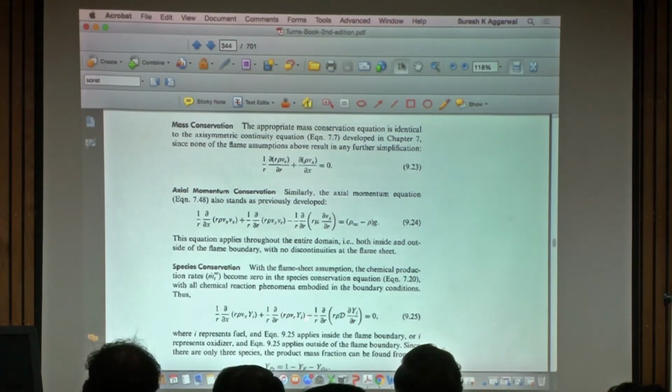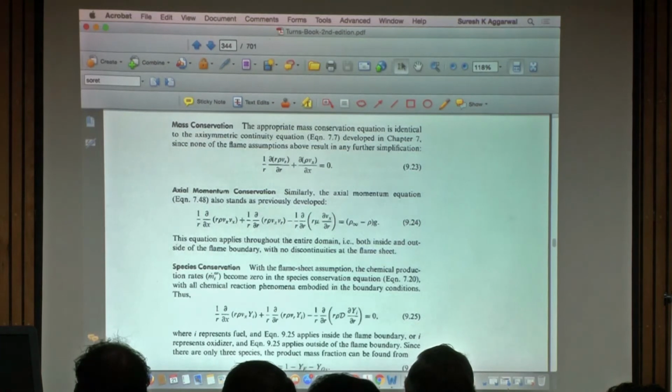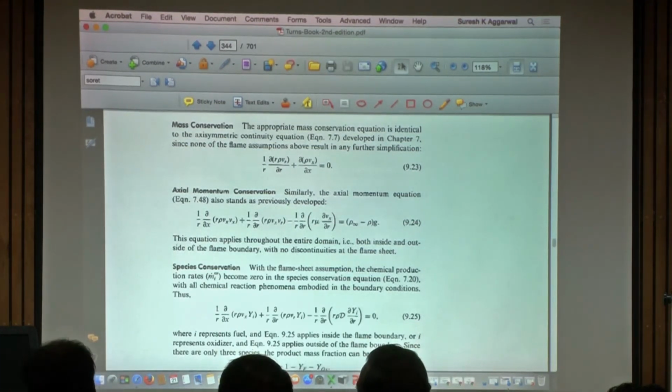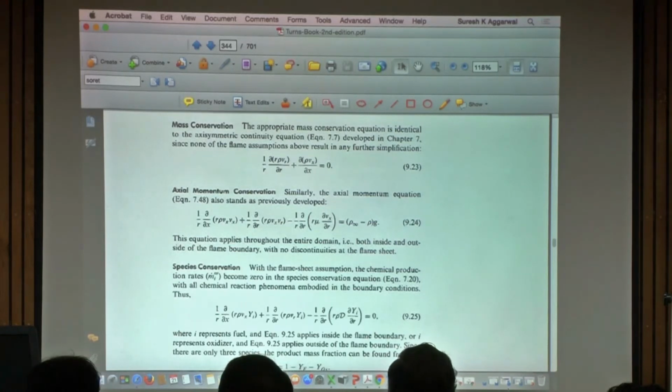Now, if it is a non-reacting jet, we just need this equation, because the other species you can get from the fuel. Okay. For non-reacting jet, you only have 2 species, air and fuel. Okay. So, mass fraction of air will be then 1 minus yf. Okay. So, then you have a complete set of equations.